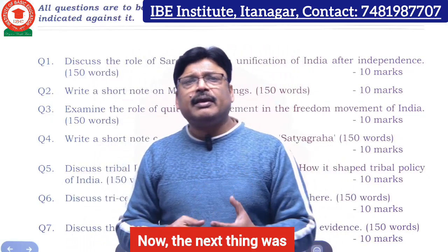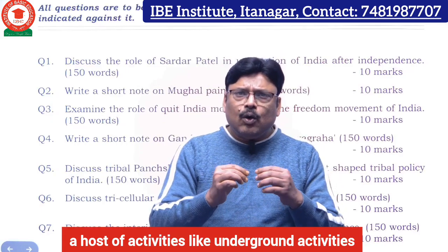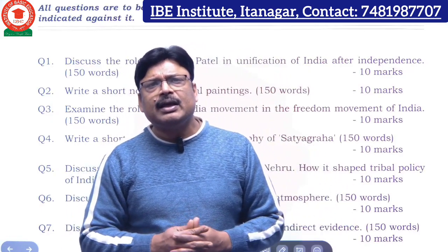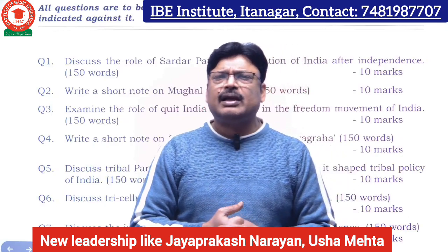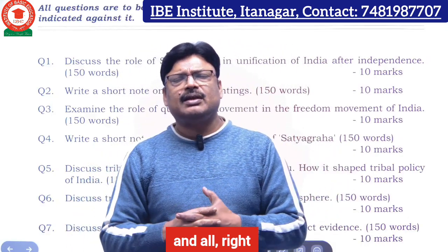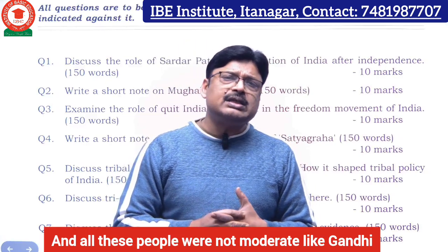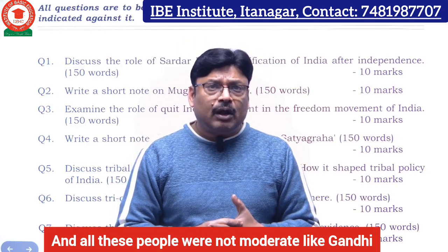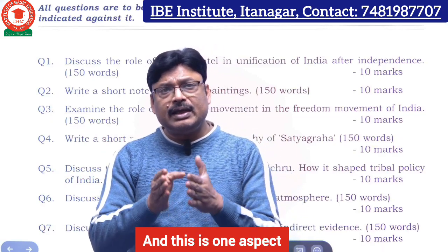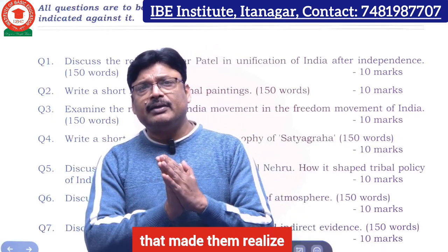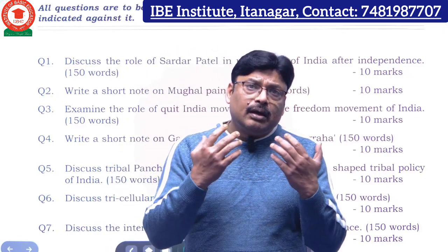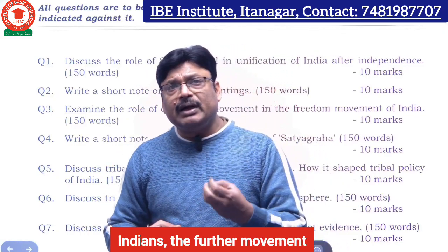Now, the next thing was a host of activities, like underground activities, that took place. New leadership like Jayaprakash Narayan and Usha Mehta, who ran secret radio stations and all, right? And all these people were not moderate like Gandhi. This is one aspect that made them realize that it would be very difficult to curtail the further movements that could take place.